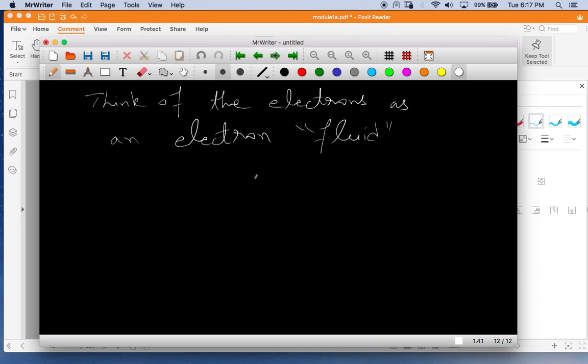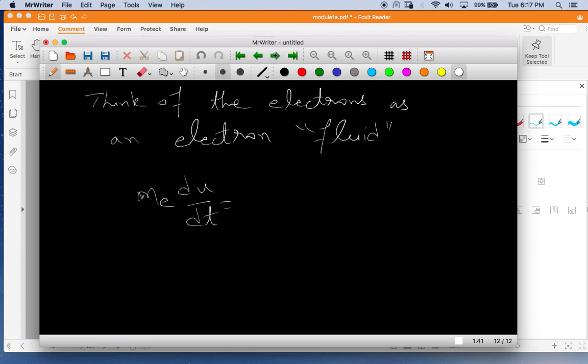In other words, there are lots and lots of electrons inside this representative macroscopic length, so it's valid to think of it as a fluid. And the momentum equation for the electron fluid would be m_e dv/dt.